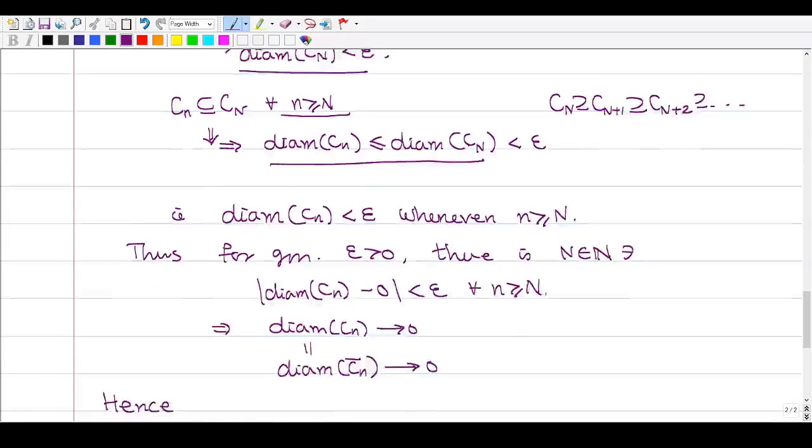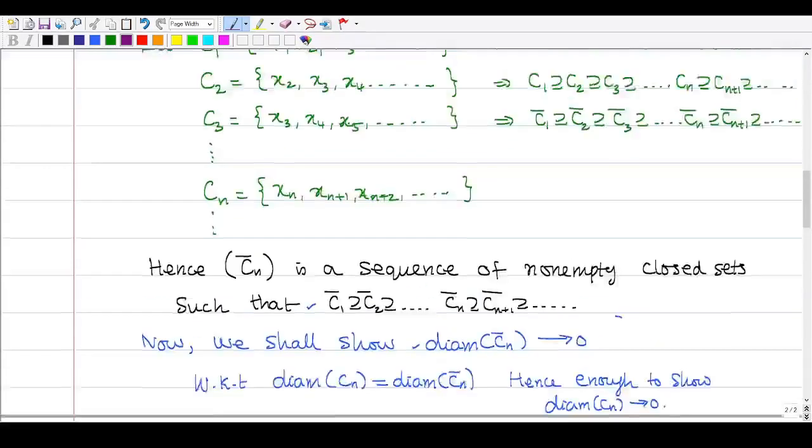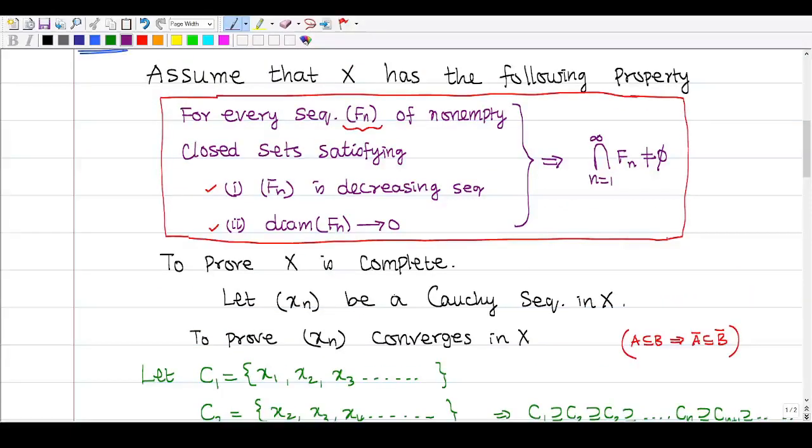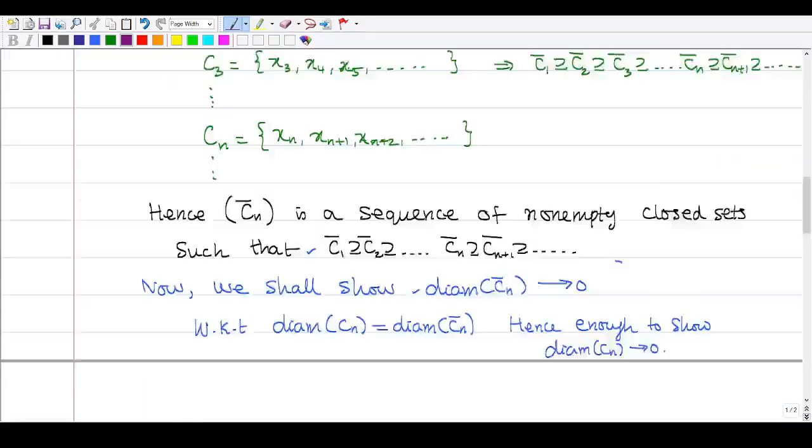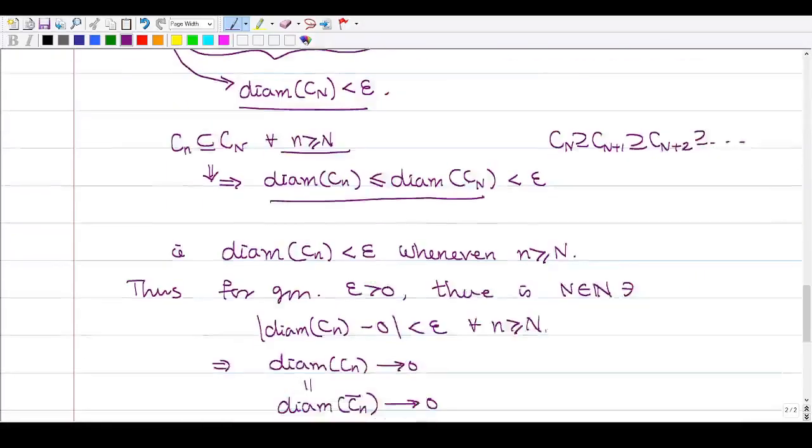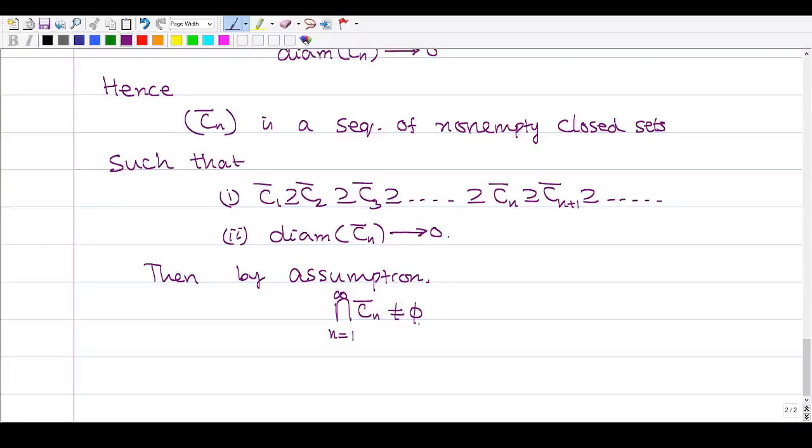This is the assumption we have given: whenever Fn are non-empty closed sets satisfying decreasing and diameter converges to 0, the intersection will be non-empty. In this case, Cn closure is in the place of Fn. Therefore the intersection of n equal to 1 to infinity of Cn closure is non-empty.